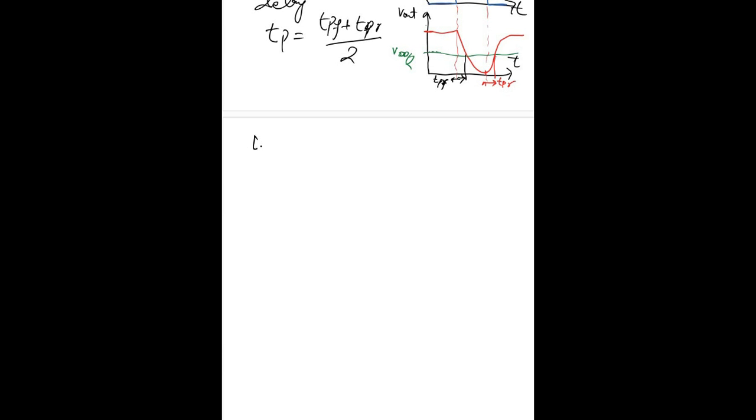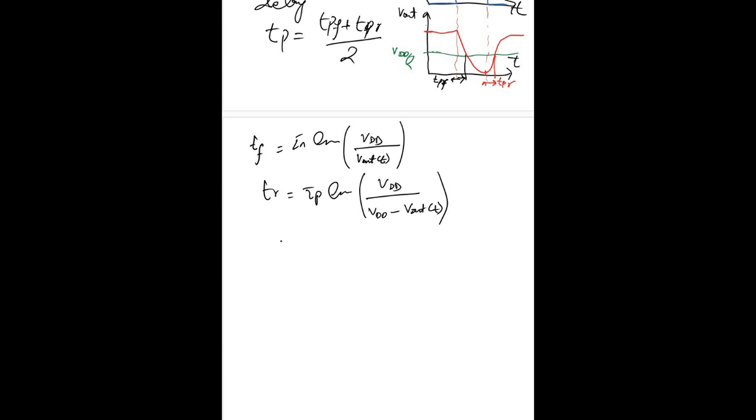For example, we had this expression here: Tf was equal to tau n ln of VDD divided by V out, and Tr is equal to tau p ln of VDD divided by VDD minus V out of t.